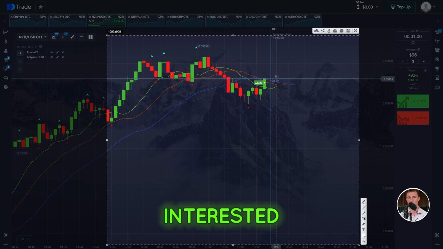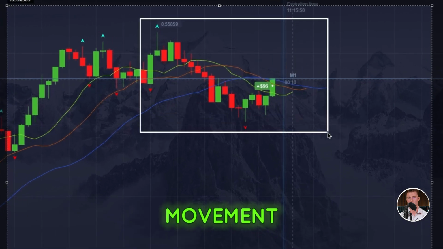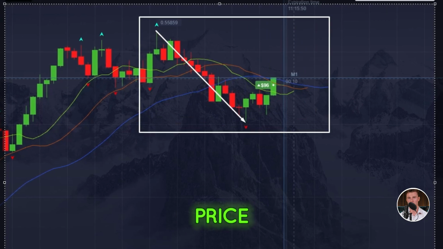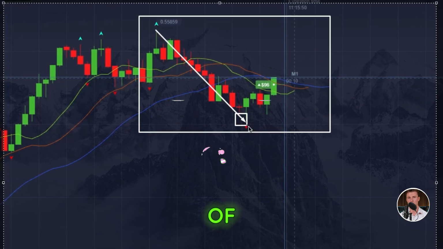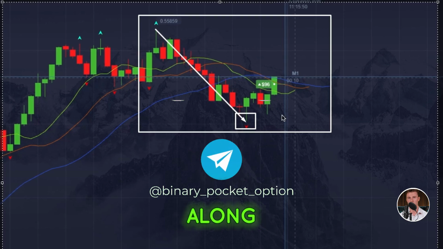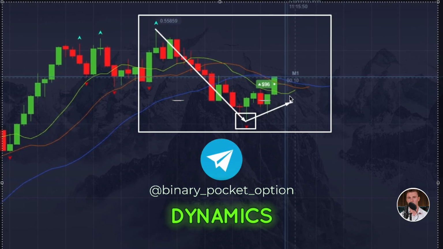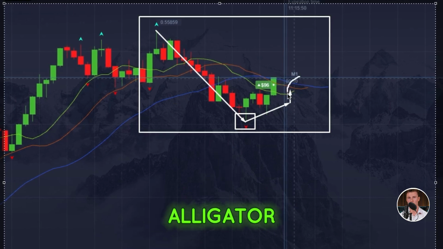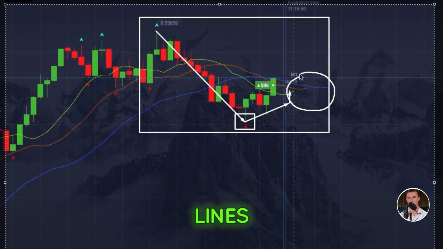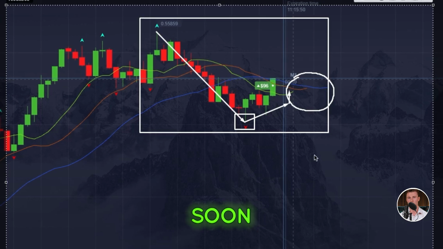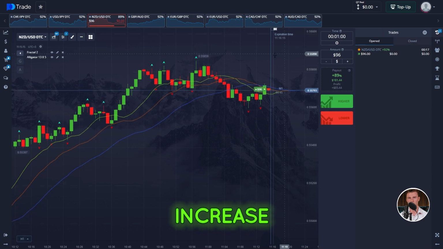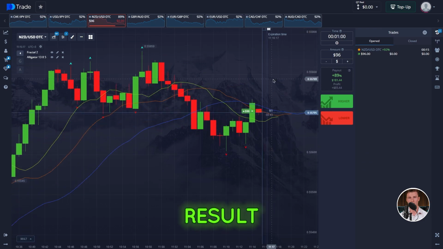We are interested in this section of the movement, namely, this is the price correction, the update of the local minimum along the fractal and further upward dynamics. We also see the intersection of our alligator sliding lines due to occur soon, and therefore here we open the deal to increase. Let's look at its result.